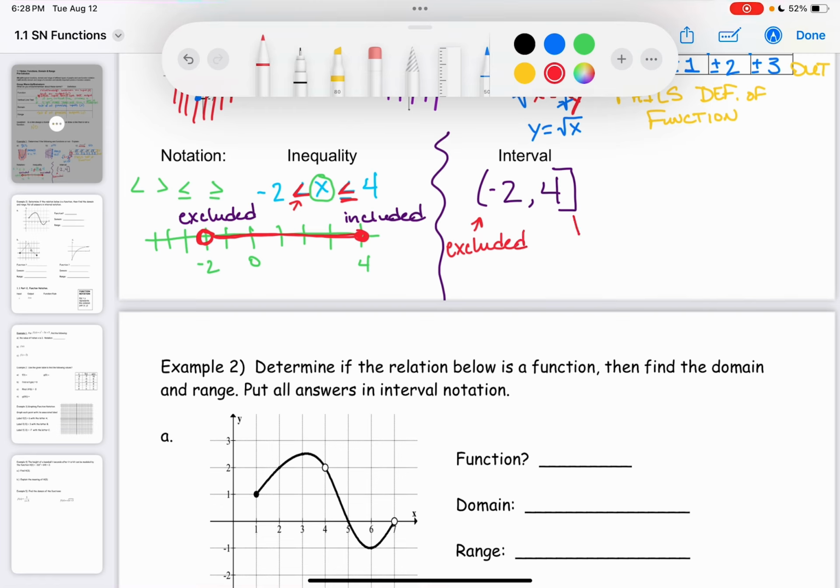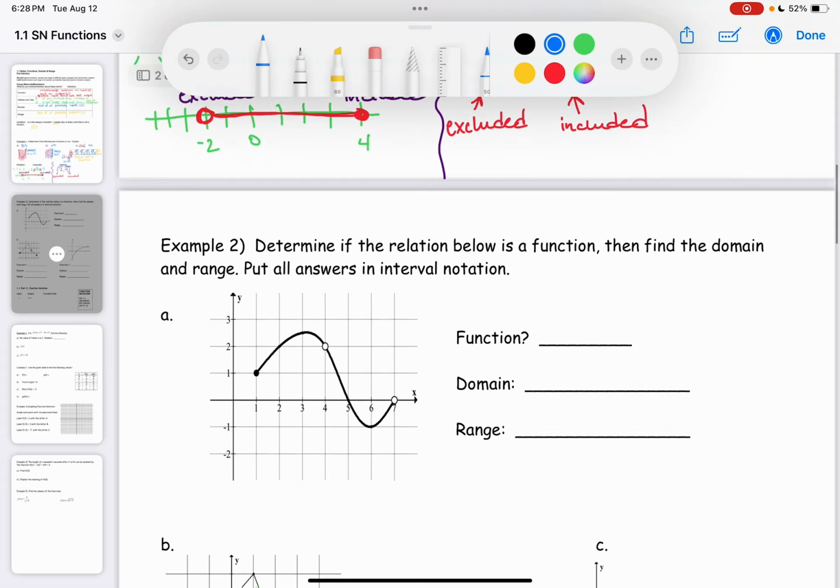What does the bracket mean? It means included. So those are inequality and interval notation. One important thing about interval notation is you always put your low number on the left and your high number on the right.